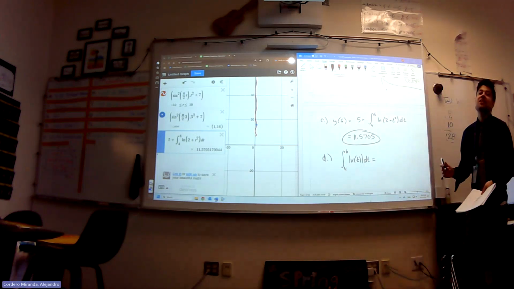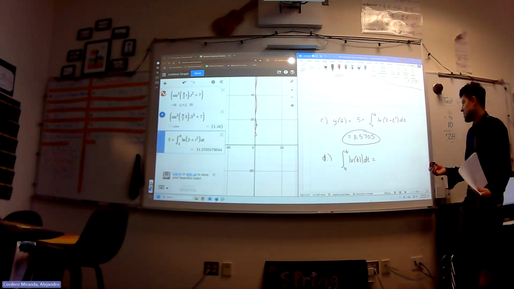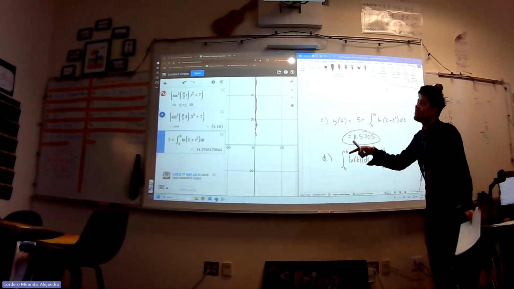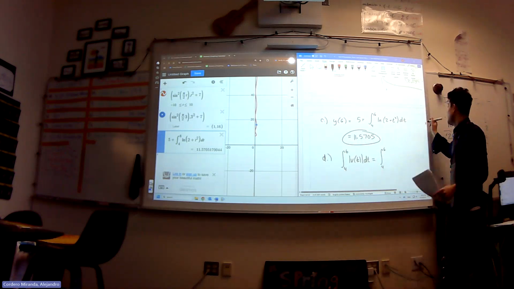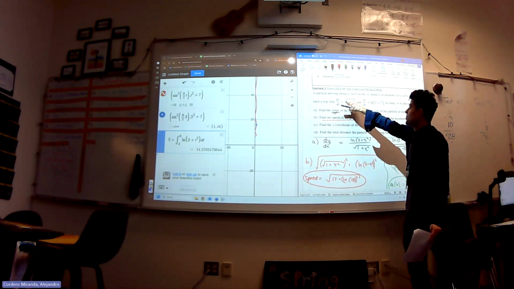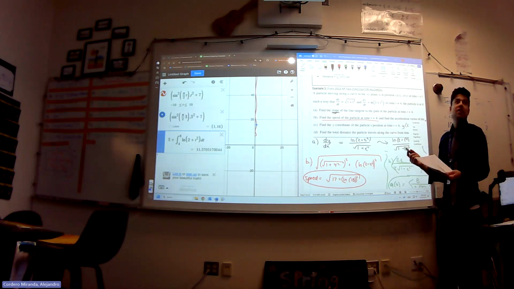The new thing for this section is that b of t is a vector because it's got an x component and a y component. So b of t is this function, square root comma natural log. That's the vector of the velocity too.